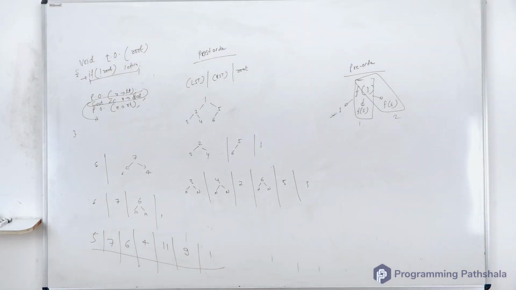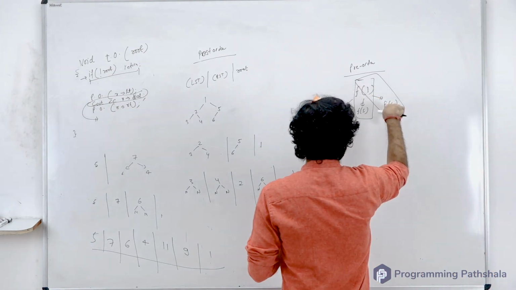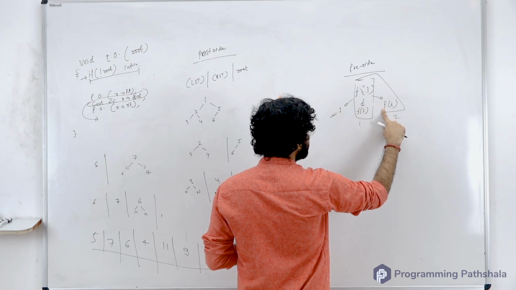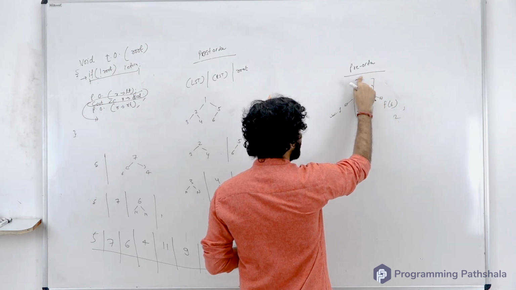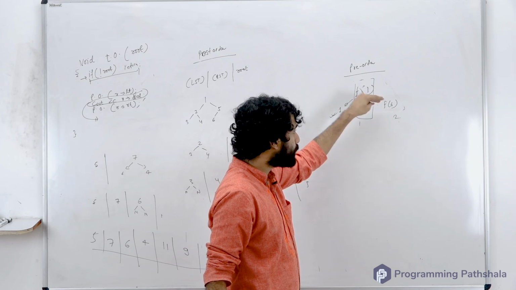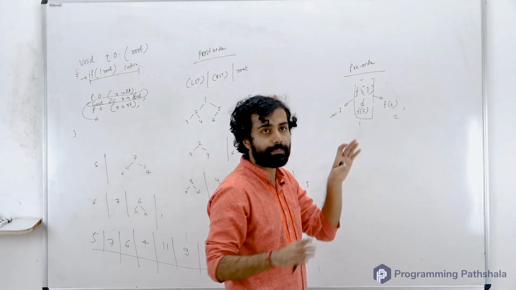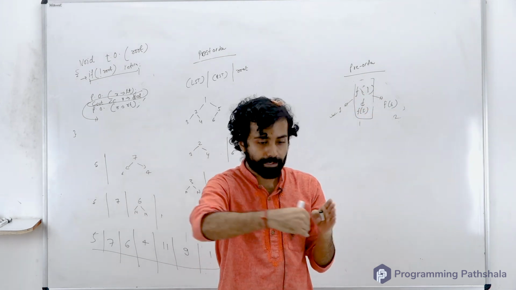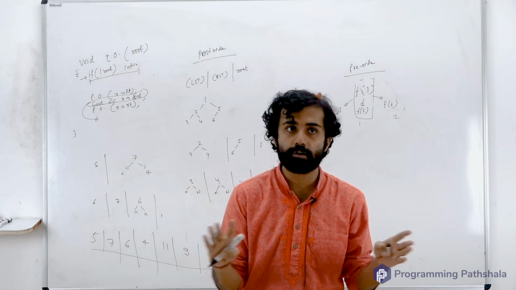It will have f1 and f5, right? That's guaranteed, because this call is still not made. The program has not even touched it. If the program has not even touched it, how can it put it in the recursion stack? It cannot do that, right?